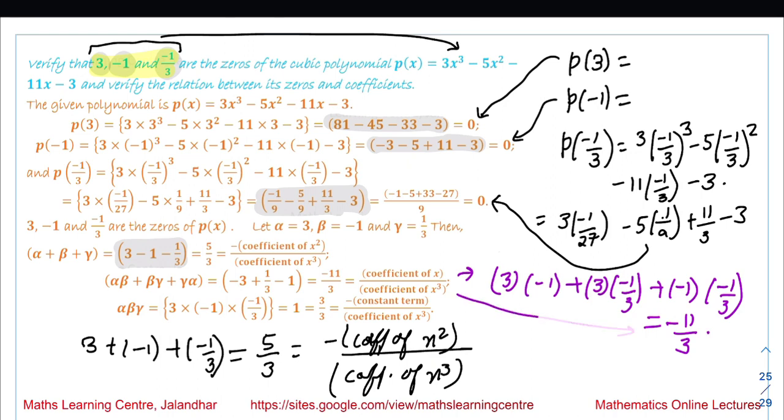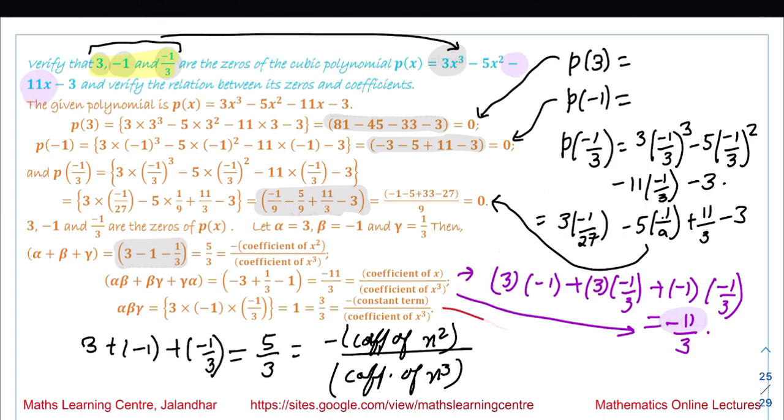And this value is just the coefficient of x, which is minus 11, over the coefficient of x cube. You can see this value from this place, this is minus 11, and the coefficient of x cube that we have is 3.